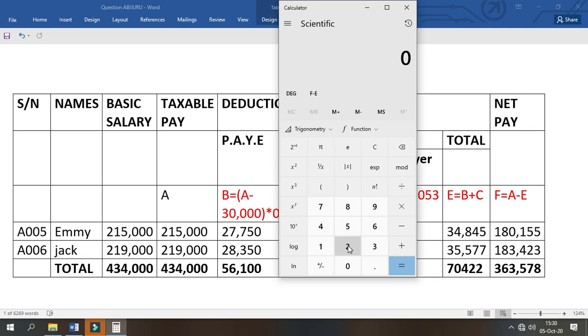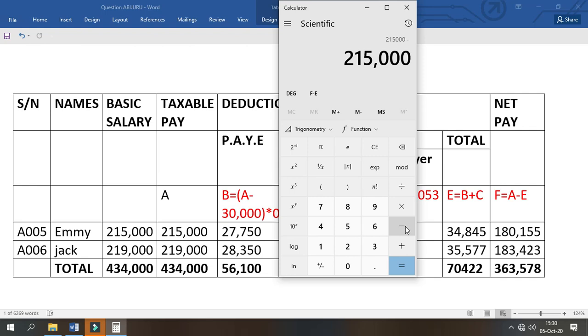The taxable pay for Amy is 215,000 minus 30,000, which pays 0%, and the remaining is multiplied by 15%.